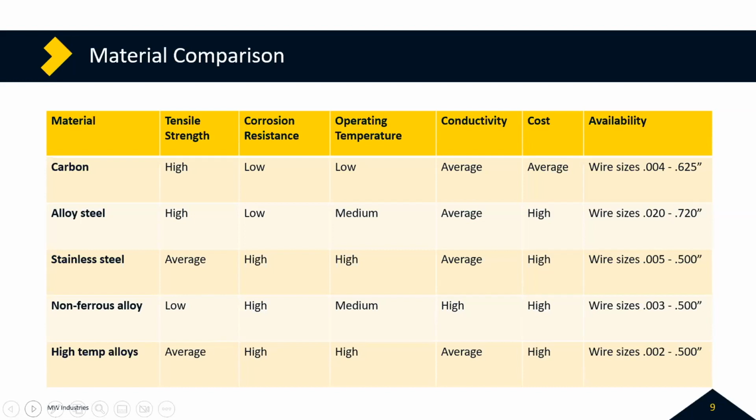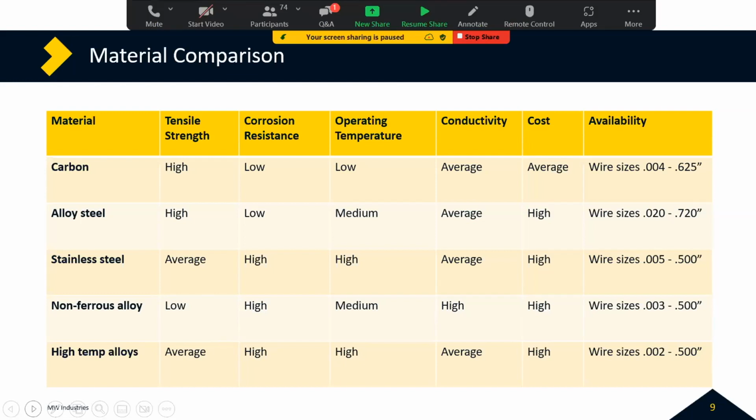Operating temperatures are medium. You can't really use them in very high temperatures, but they have a big advantage on conductivity. We see some of these springs used on circuit boards and various applications where you want to transfer some electricity between one system and another. Cost is very high due to the copper.